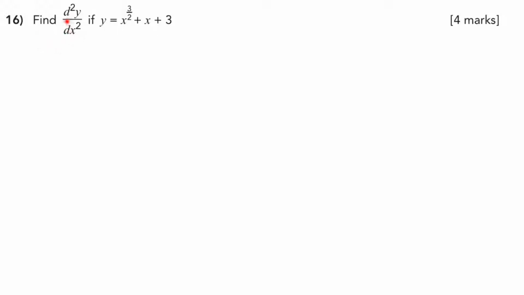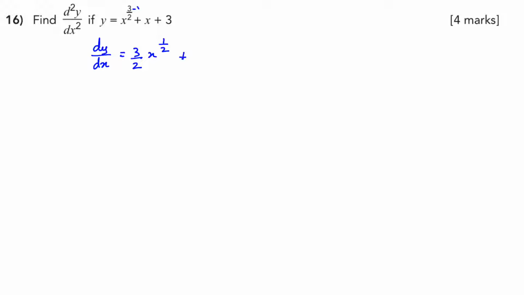Here we have to find d2y over dx2 if y is equal to x to the power of 3 over 2 plus x plus 3. A very easy 4 marks. So when we differentiate, we will get dy over dx is equal to, we bring the power in the front, so 3 over 2x, and then we subtract 1 from the power, so 3 over 2 minus 1 is going to be half.